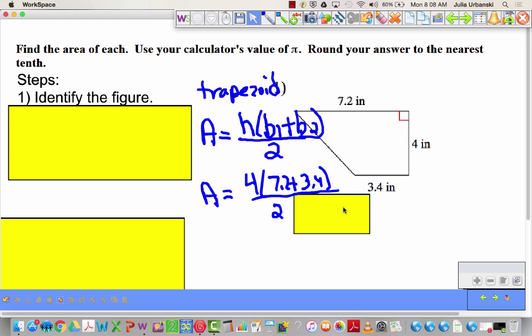Okay, good. Don't forget to label it in its area. Okay, you can do this all in one step too in your calculator. You can also add these numbers times 4 and then divide by 2.